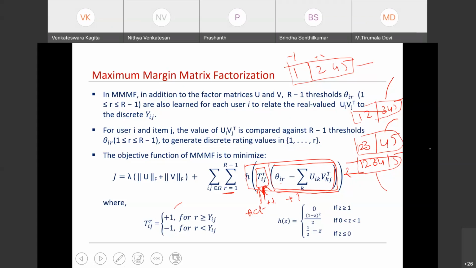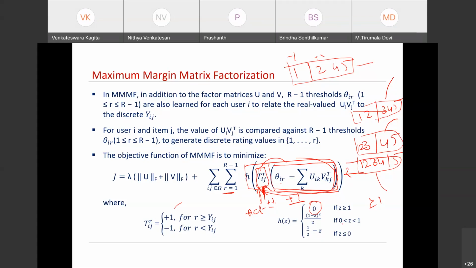Okay, so if this is positive and this is also positive, what does that mean? Is the prediction correct or wrong? Correct. If the multiplication result is positive, then the prediction is correct. So if this result is greater than or equal to 1, the prediction is correct, and in that case you assign 0 loss.